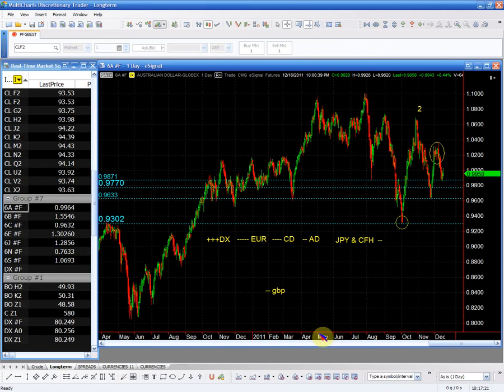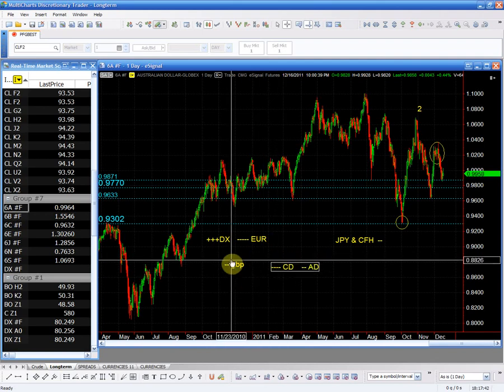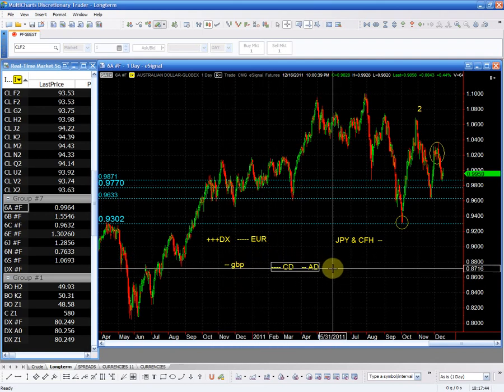We can look at some of the crosses, for example the Euro CAD, the Euro Aussie, and the Pound CAD, because the pound is weak, but it is not as weak as the CAD. The CAD, as I said, has a major sell signal, so we can take the Pound CAD and the Pound Aussie because the signal in the pound is not as weak as the other ones.